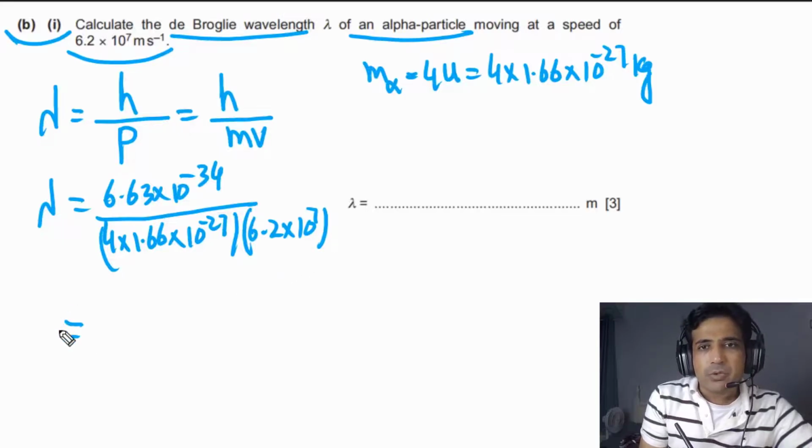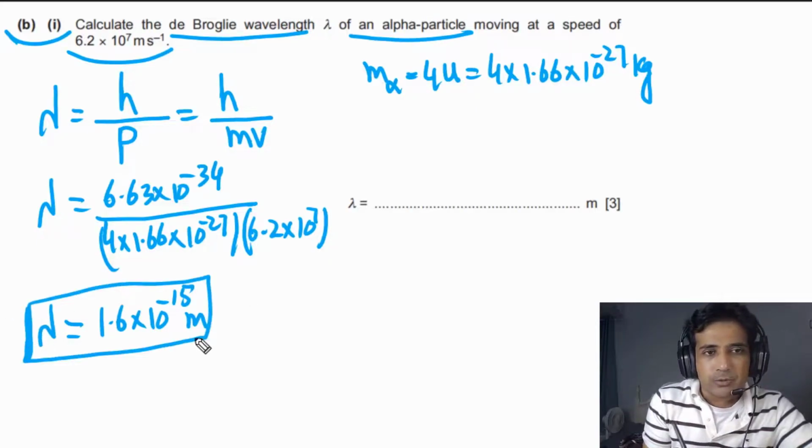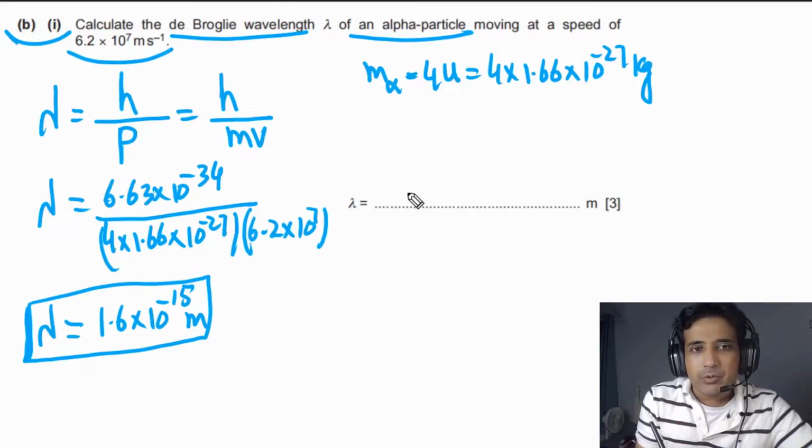If we simply solve this, our final answer will be equal to 1.6 times 10 to the minus 15, or simply 10 to the negative 15 meters. So this is the value of lambda. So simply you have to use the formula and you can calculate the value of lambda. Our final answer to 2 significant figures is 1.6 times 10 to the negative 15 meters.